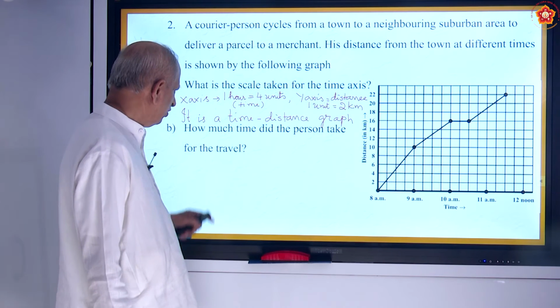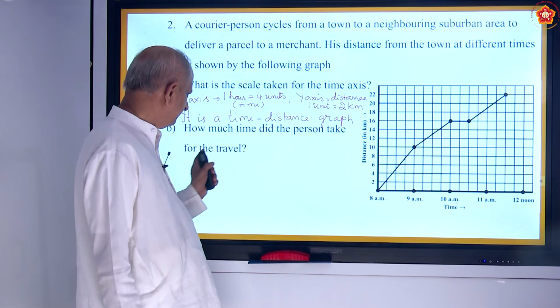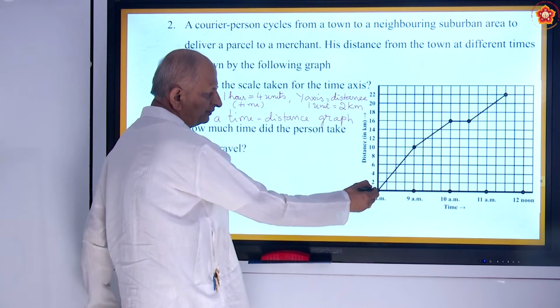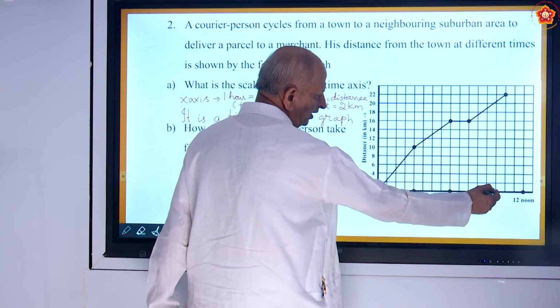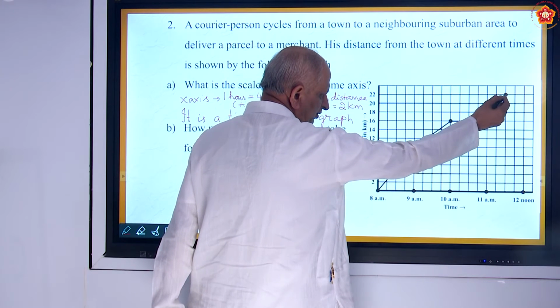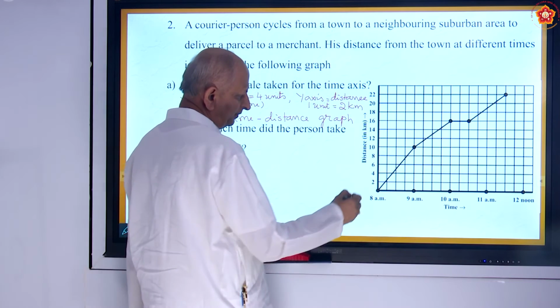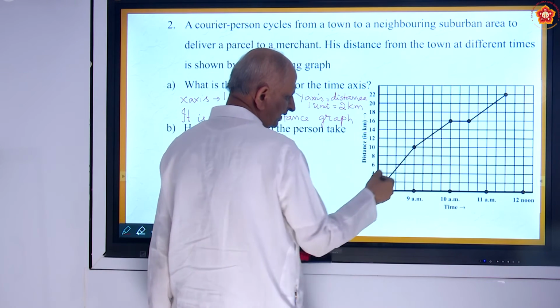Second question, how much time did the person take for the travel? See, he starts at 8 o'clock and reaches the town at 11:30. How much time taken? 11:30 minus 8.